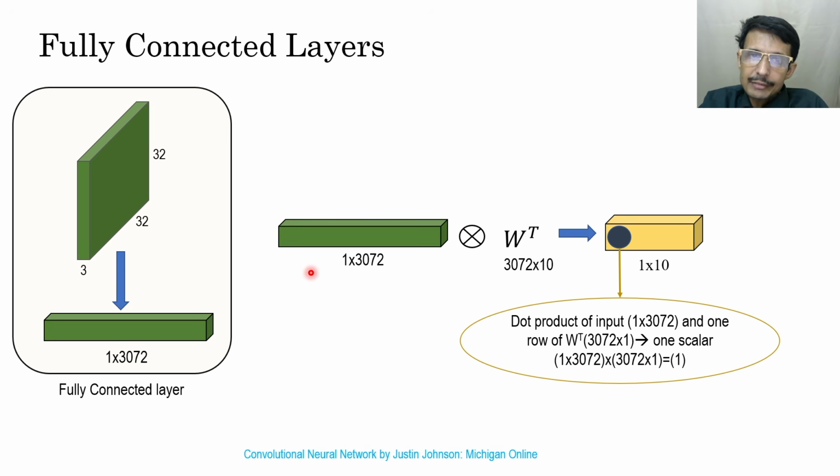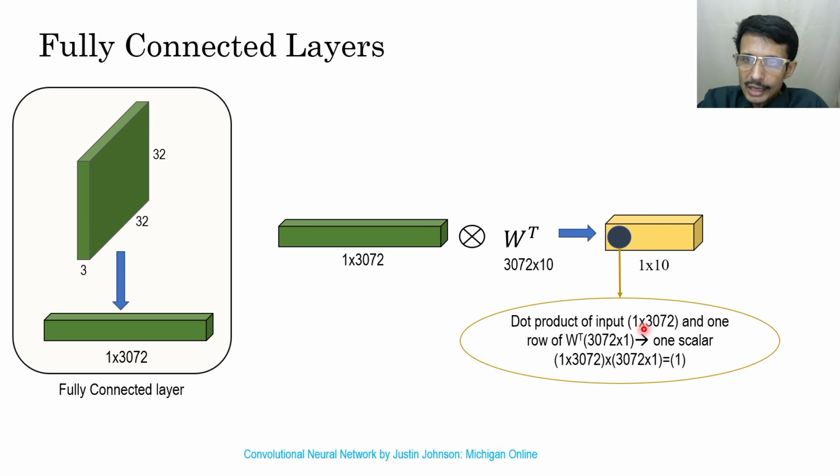Okay, so this is a fully connected layer. Now, if it is multiplied with this weight matrix, W transpose, which is 3072 cross 10, we definitely get 1 into 10 because it's just a product. What happened for this 10? These are different positions.